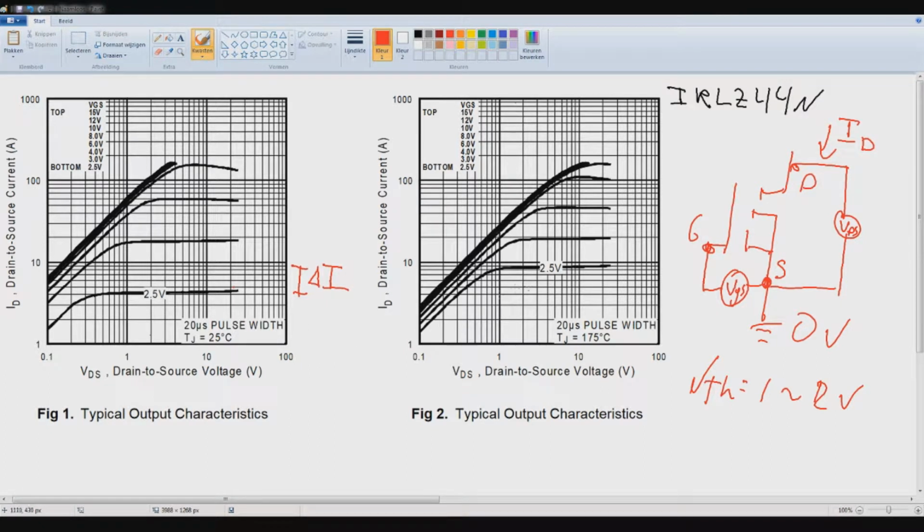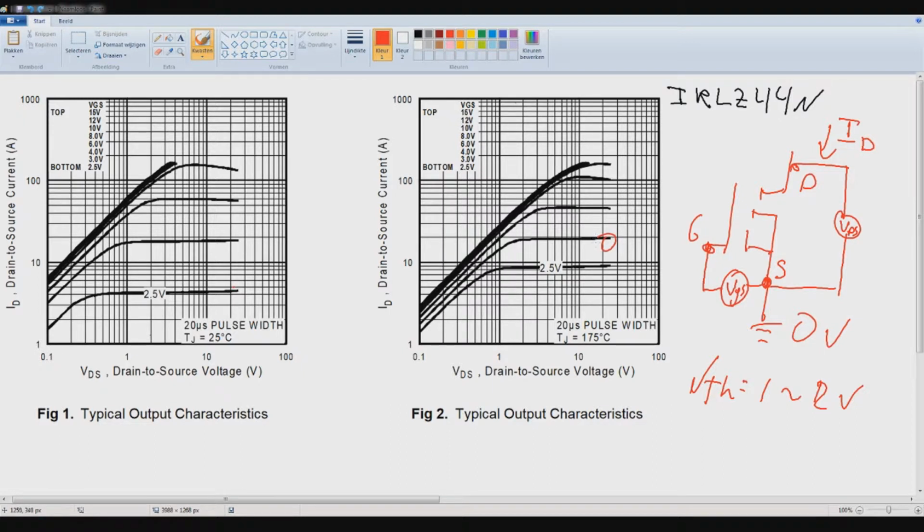This little change over here, as you can see, at a higher operating temperature, and for the rest it's almost the same.